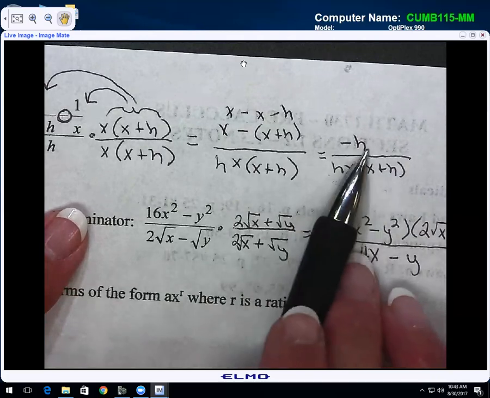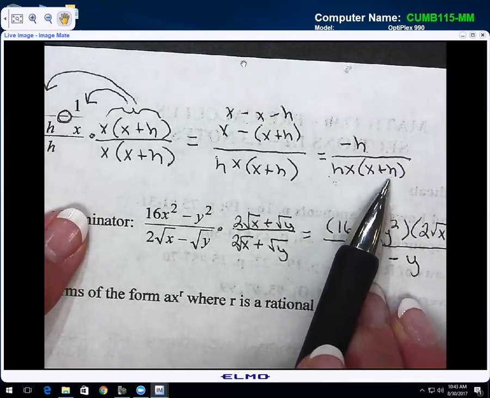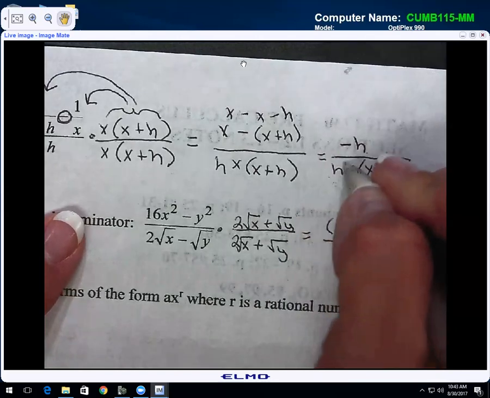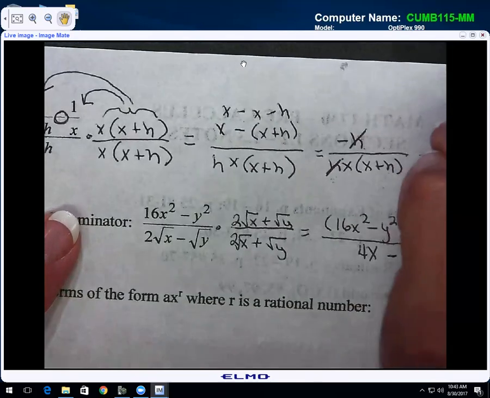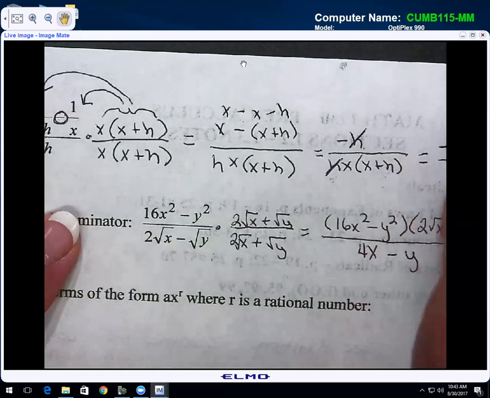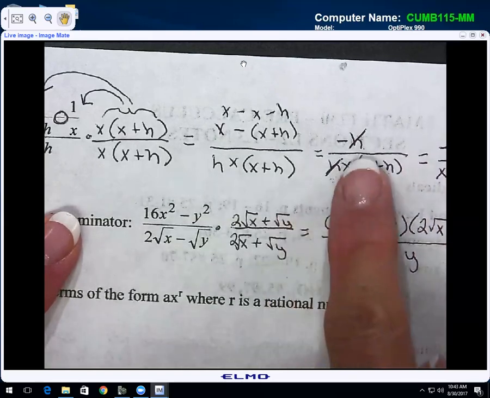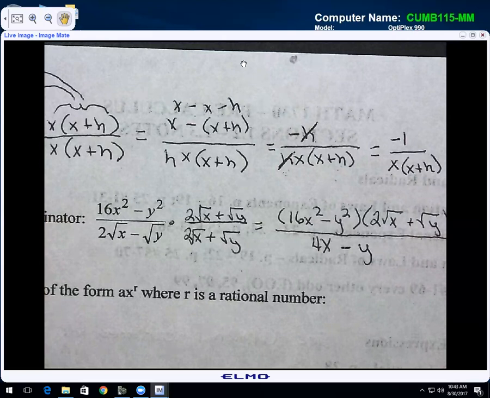You couldn't cancel these 2 H's if this H were a term added to something. But as long as that H is multiplied, I can cancel them, and what's left in the numerator? Even when it's a negative? As long as you leave a negative 1. We're just saying H goes into negative H, negative 1 times.